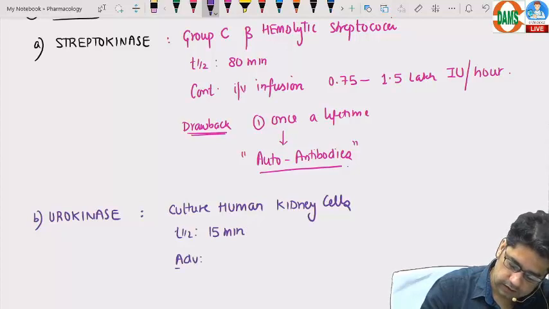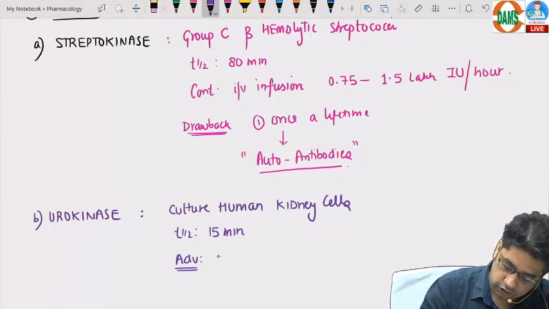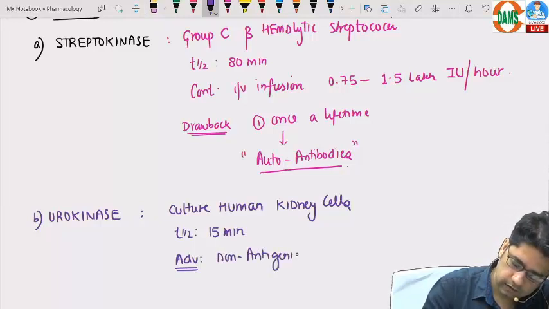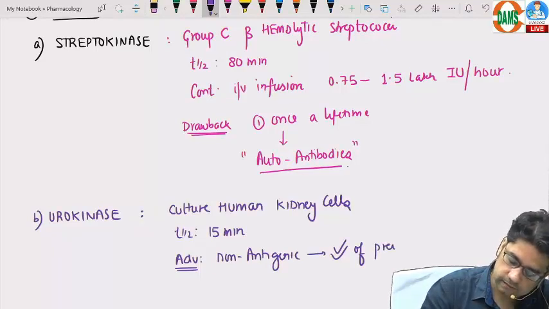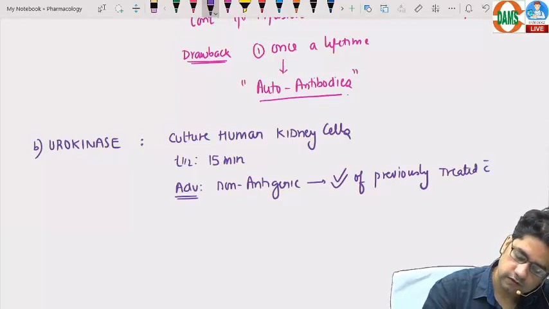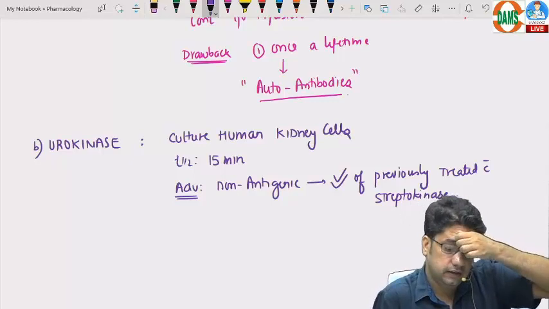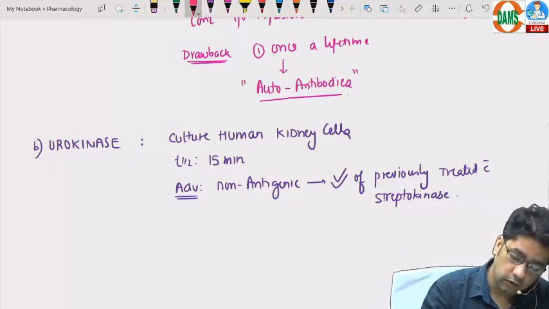Advantage: it is non-antigenic. It can be given in patients previously treated with streptokinase. Previously treated with streptokinase.